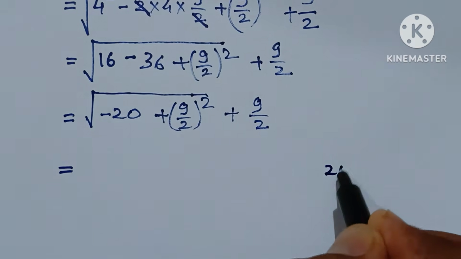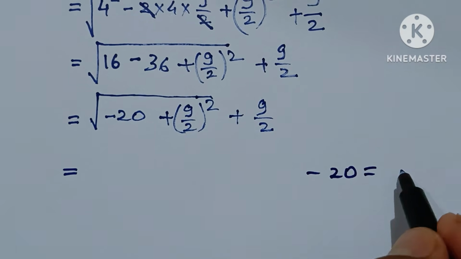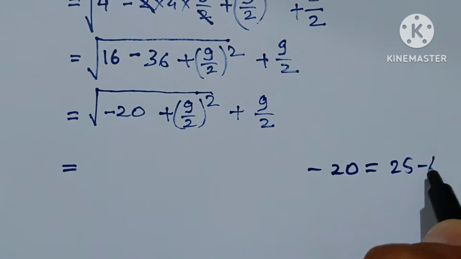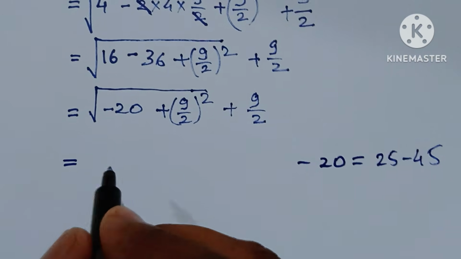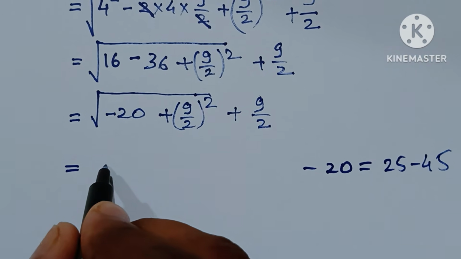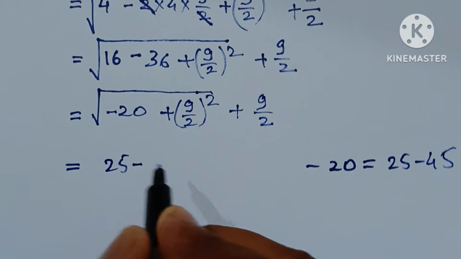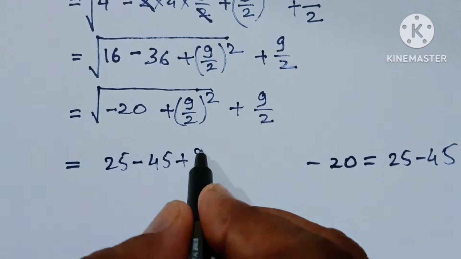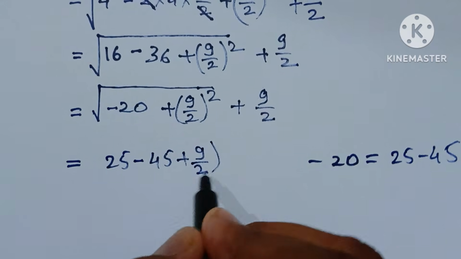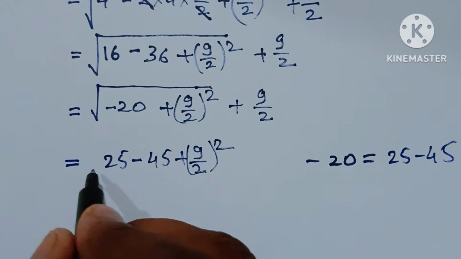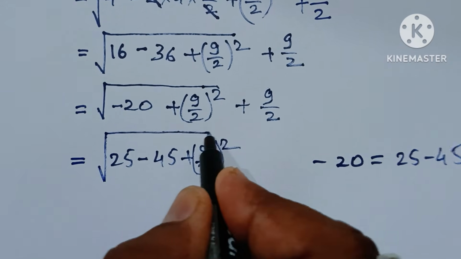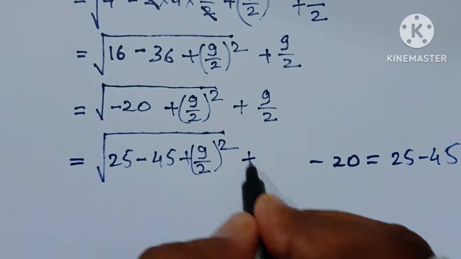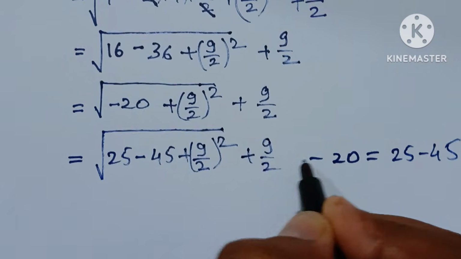Now we write 25 minus 45. So we can write here 25 minus 45 plus 9 by 2 whole square, plus 9 by 2.